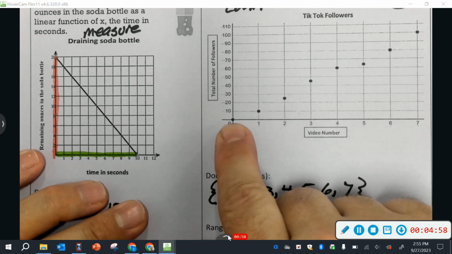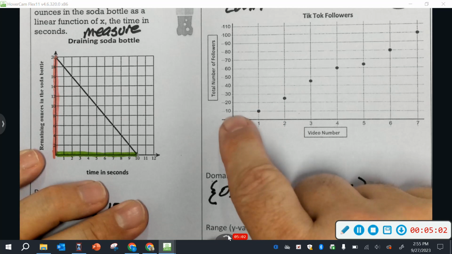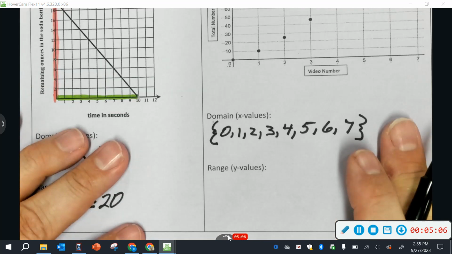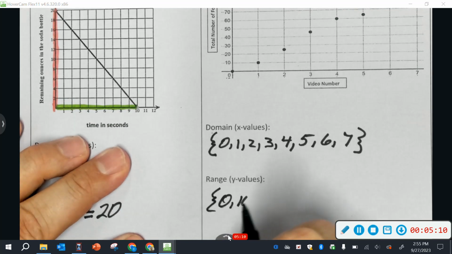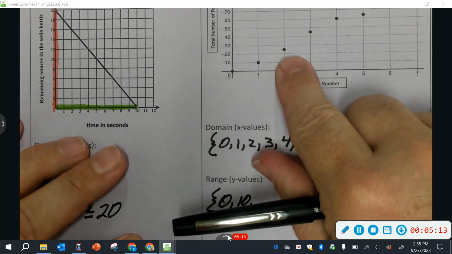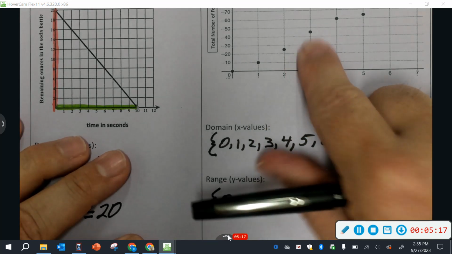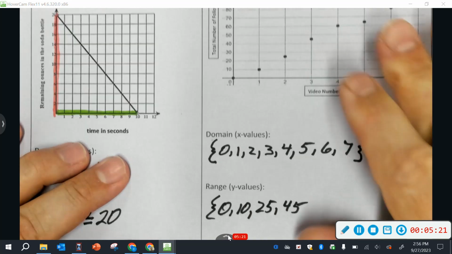The y value here is 0. The y value here is 10, okay? The y value here would be 25, so we'll write them like this. So we're going to go 0, 10, 25, 45.